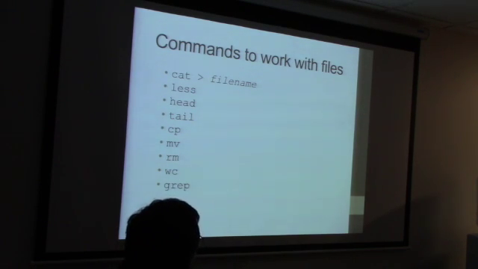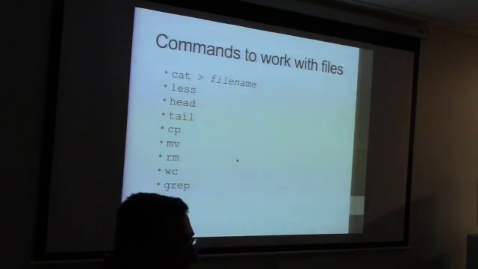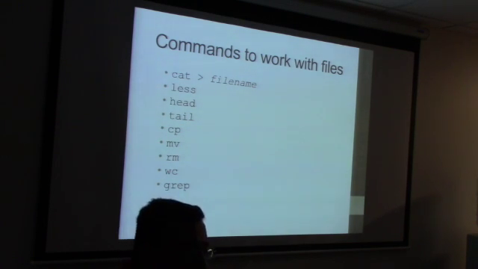All right, so here are some other commands. Cat and file name. Less is used to display the contents of a file so that it doesn't just scroll all the way. You can press spacebar, and then the file keeps loading one page at a time. Head only displays the top 5 lines of a file. Tail displays the last 5 lines of a file.